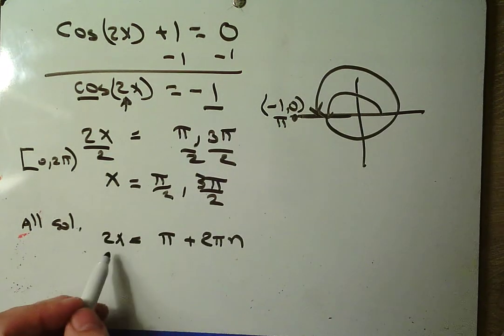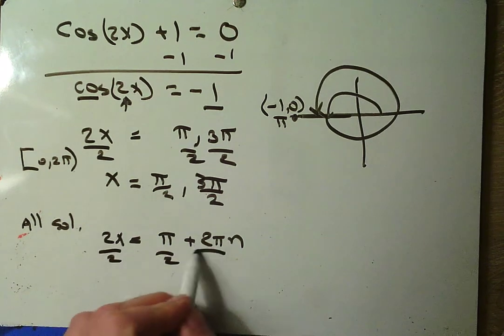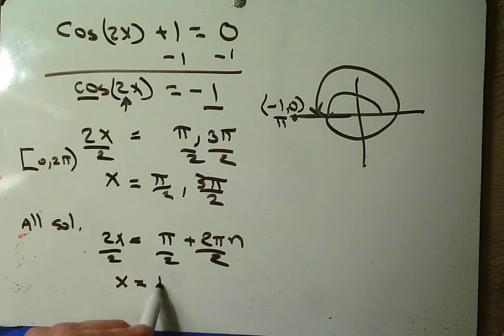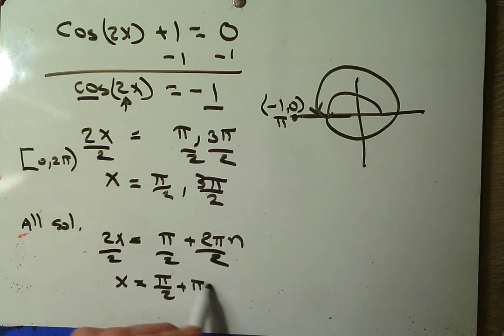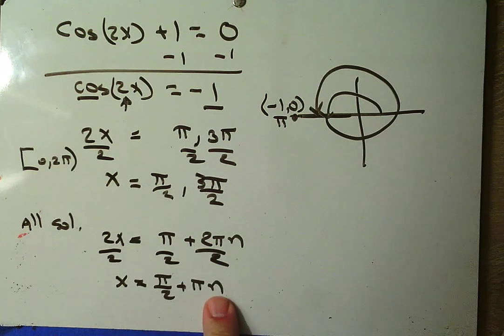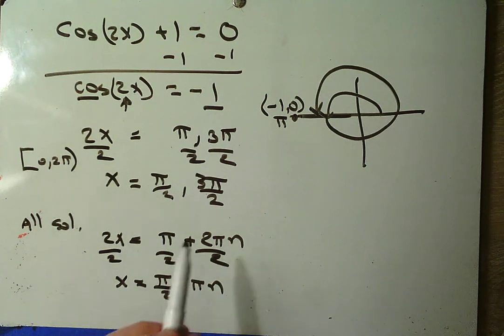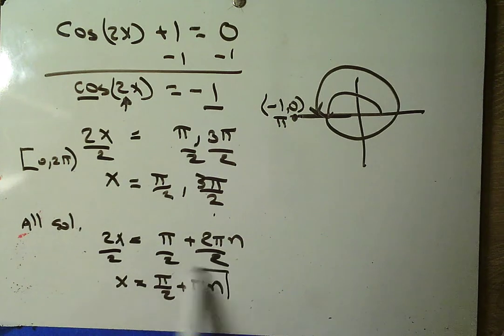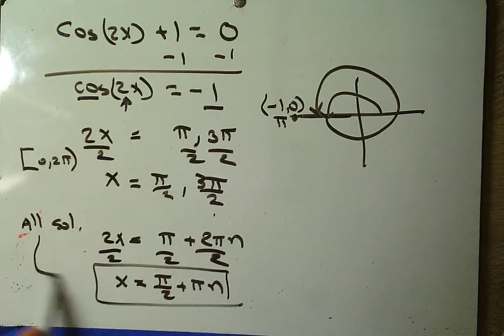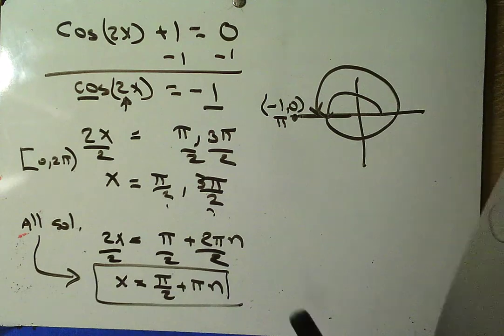And then we'll divide everything by 2 and end up with x equals pi over 2 plus pi n. And we can see if we plug a 1 in here, 1 times pi is pi, plus pi over 2 is 3 pi over 2. And so our little machine that generates all solutions would certainly generate our first two by plugging in a 0 or a 1. Okay, so that's where we've been in 5.3, and then yesterday we were talking about solving.